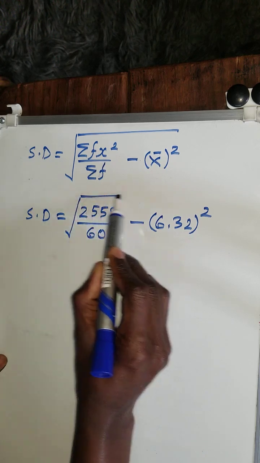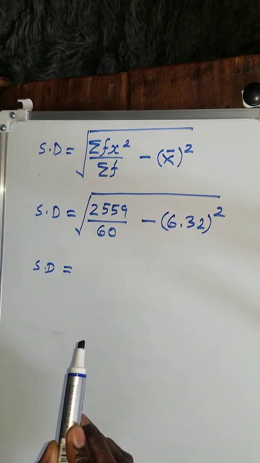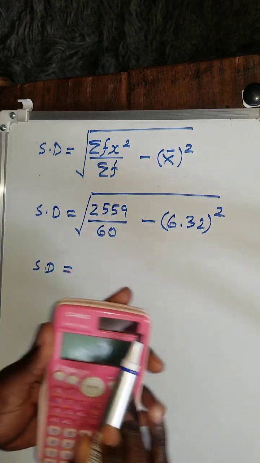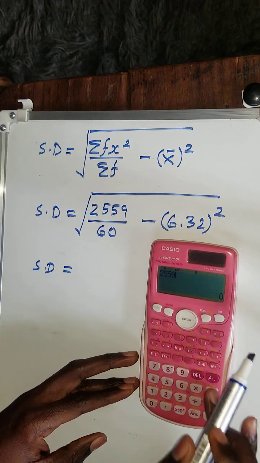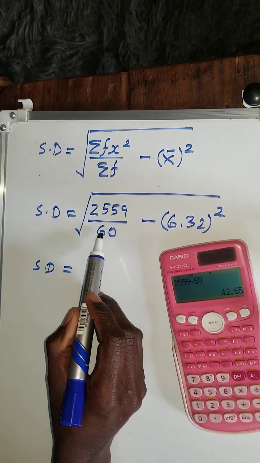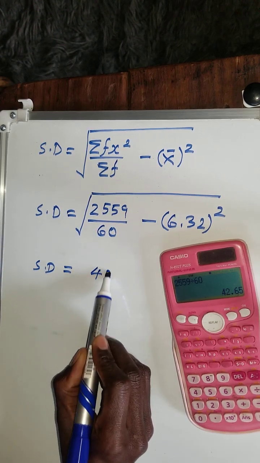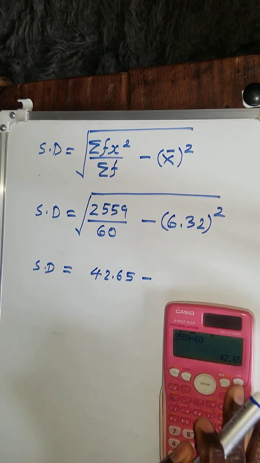Whatever we get, we are going to find the square root. So the first thing you do is divide this. 2559 divided by 60 is simply going to give you 42.65, minus.